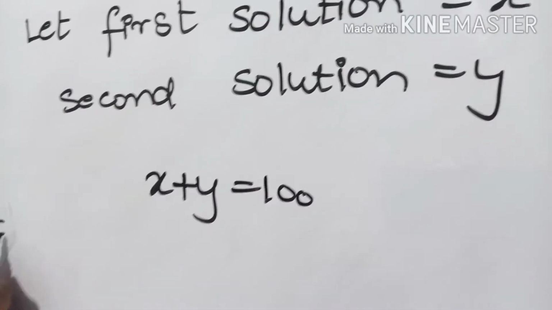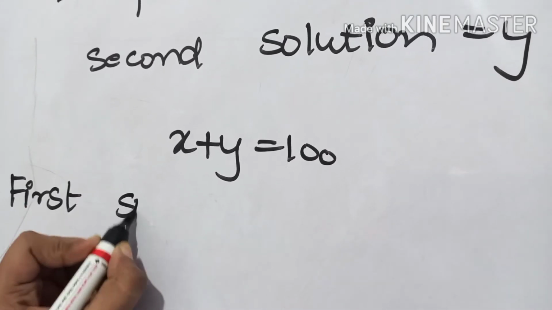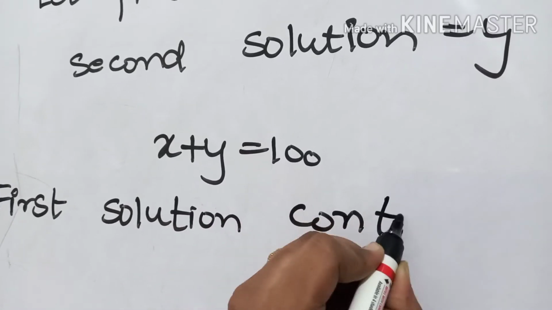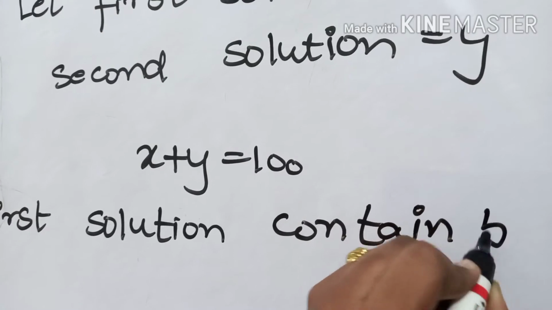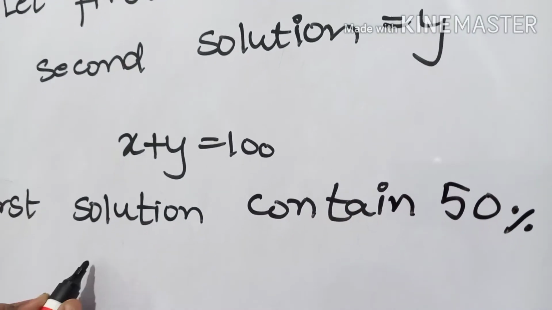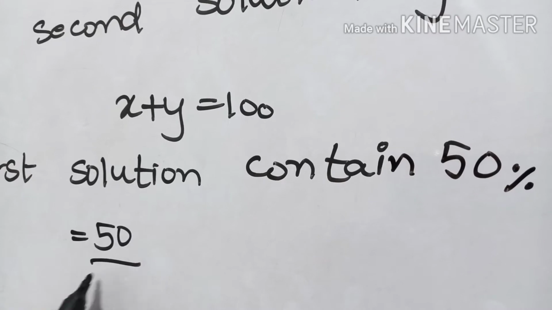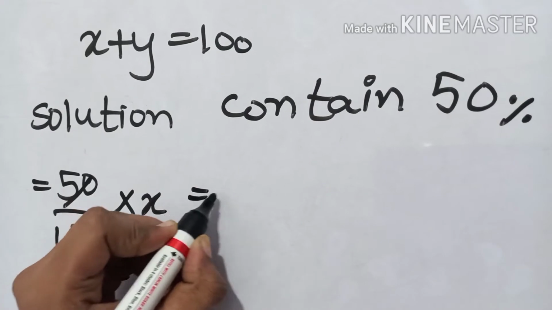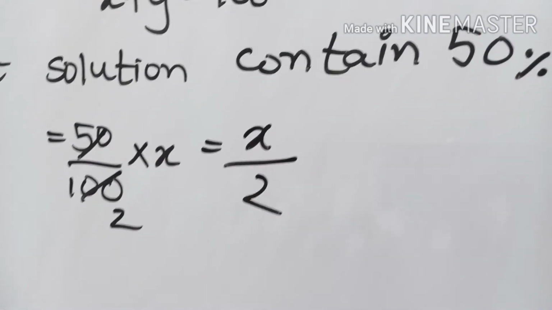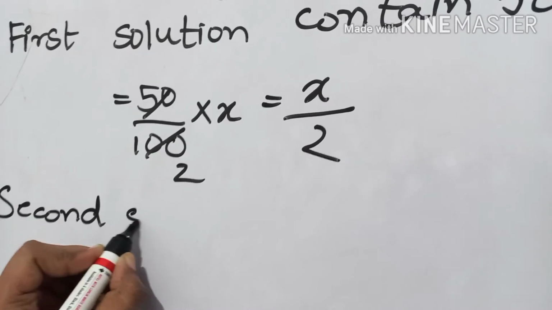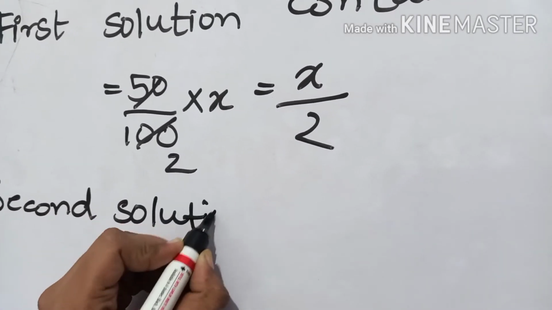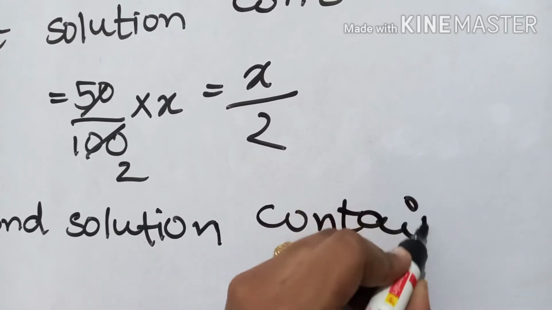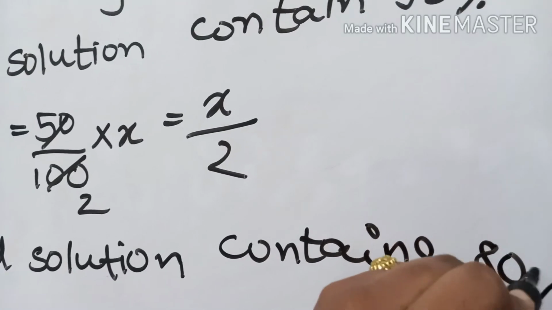By the problem, the first solution contains 50% of solution, that is 50 by 100 into x, that gives us x by 2, and the second solution contains 80%.